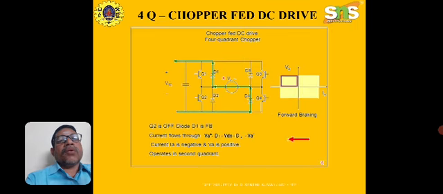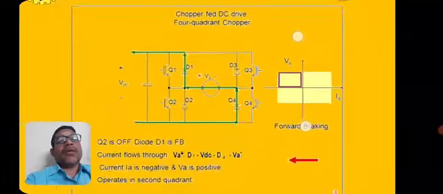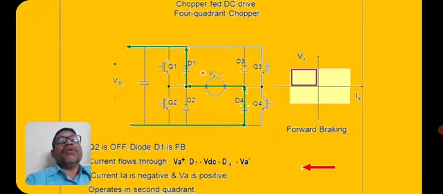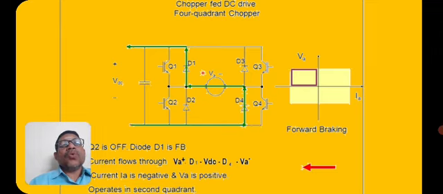Next is the second quadrant, quadrant number 2. Here, the direction of current is mentioned in green. The diodes D1 and D4 are now acting as a freewheeling path. The energy stored in the armature is discharged through the green path, and the right hand side is positive and the left is negative, since the voltage polarity remains the same, whereas the direction of current is from the armature to the source.